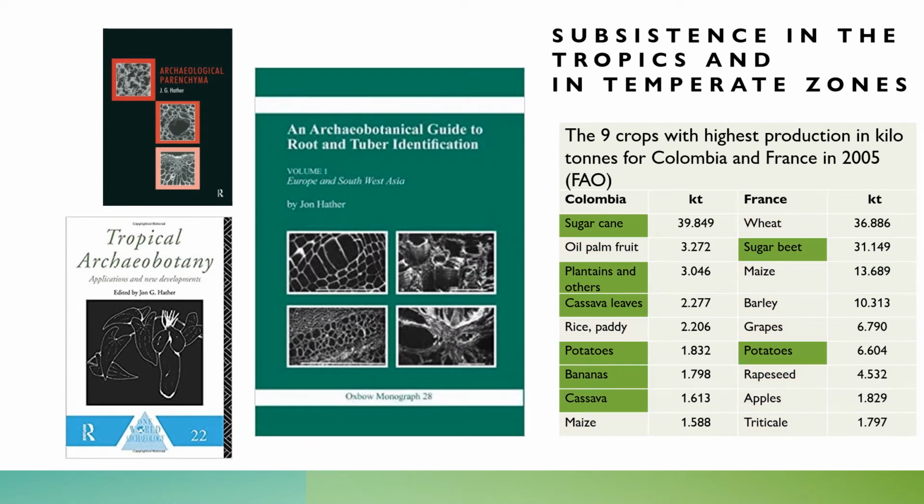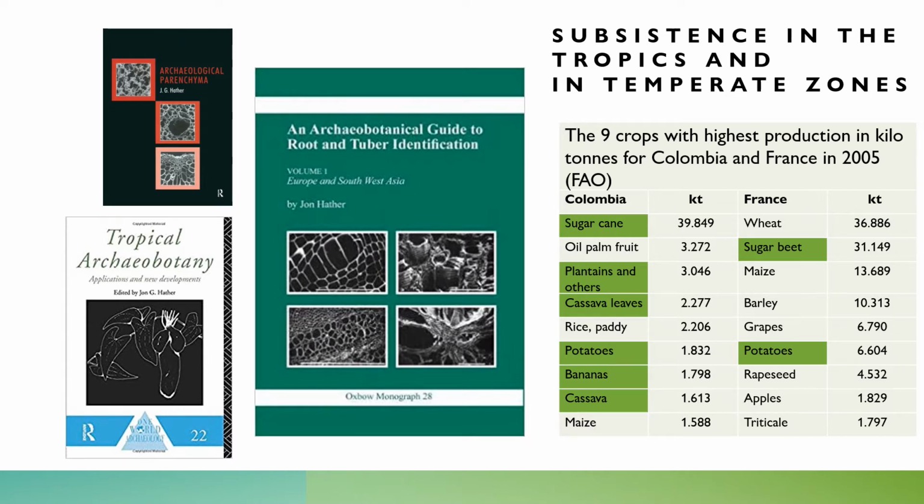Macro remains of roots, tubers, seedless fruits, and vegetables are generally underrepresented in archaeobotanical datasets because vegetative tissues, except wood charcoal, are relatively undifferentiated in their constituent plant cells, making identification of these parenchyma tissues extremely difficult.